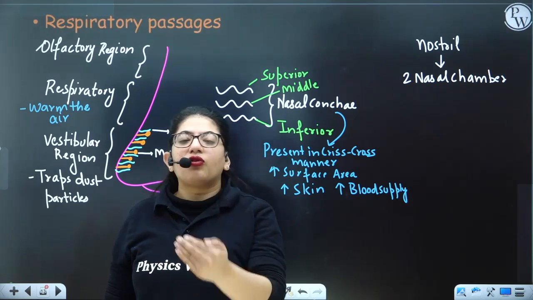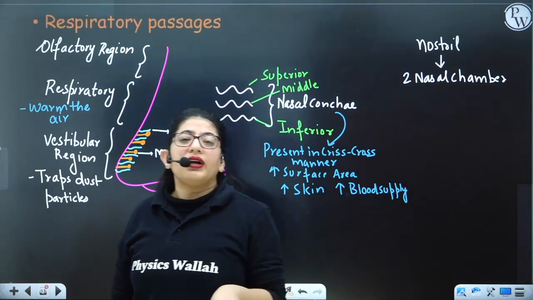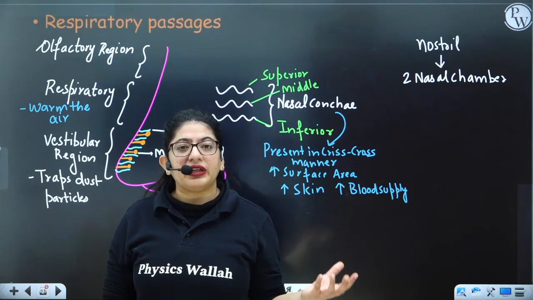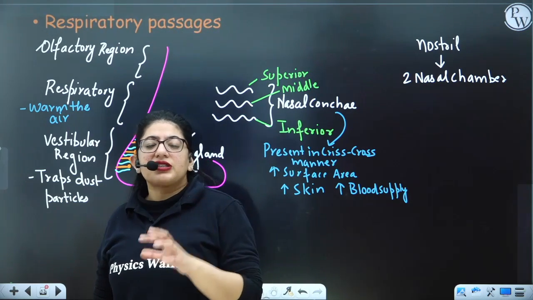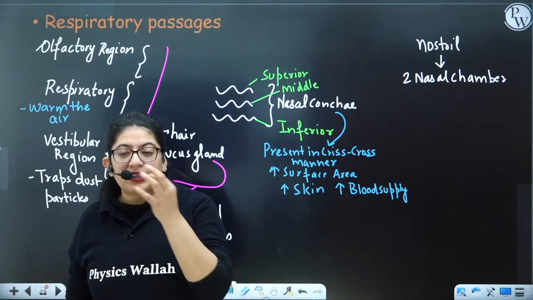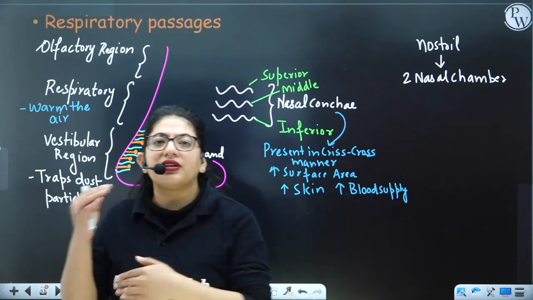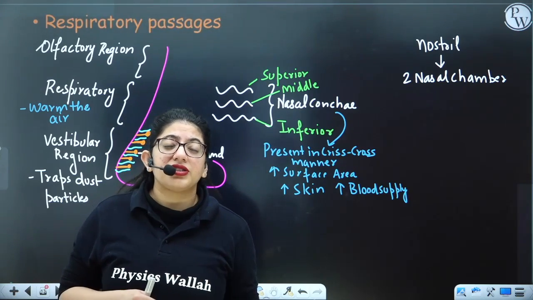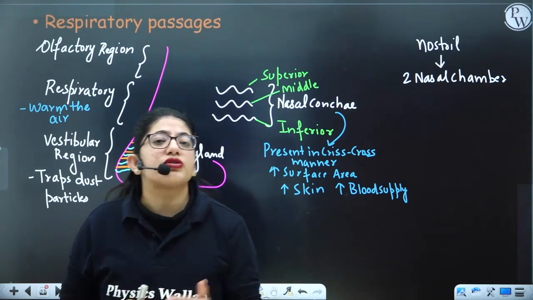Why is there a need to warm the air? Because cold air is very difficult to diffuse through the membrane of the lungs. When the air is warm, its particles are in a high energy state, and when the molecules are in a high energy state, they can easily diffuse through the membrane.